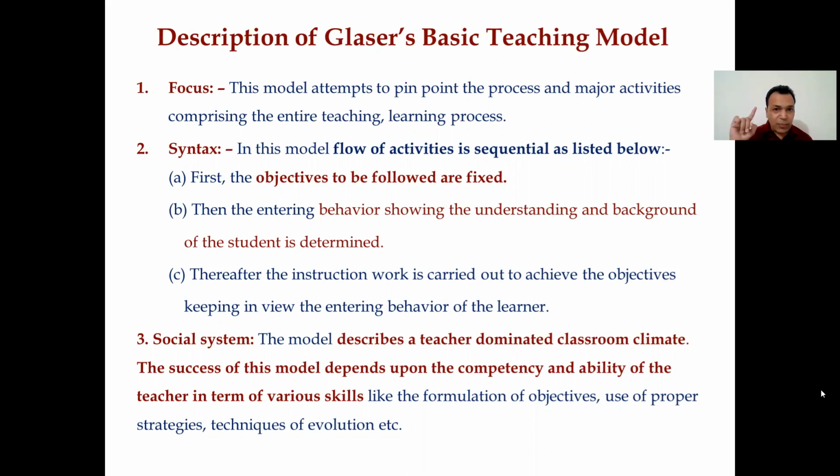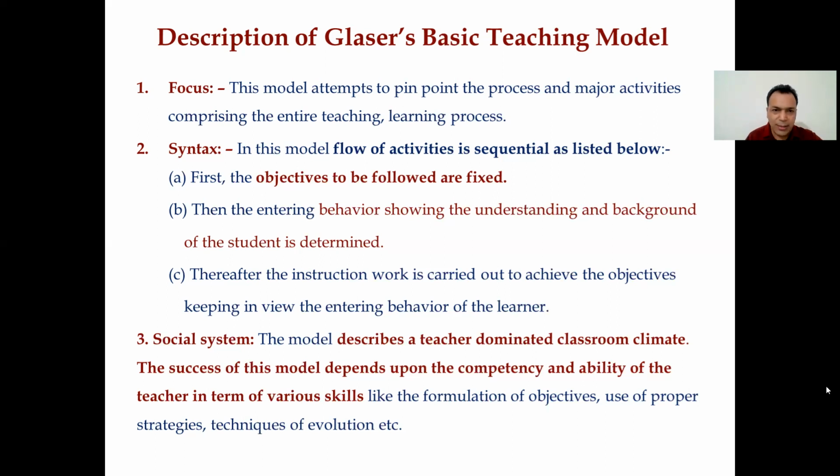Social system means the relationship between teacher and learner, whether the teacher dominates the class. So the GLASER teaching model describes a teacher-dominated classroom climate. You have come to know that because all 4 things are done by the teacher.